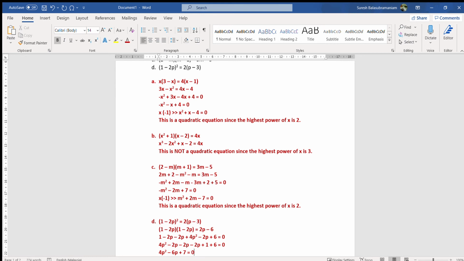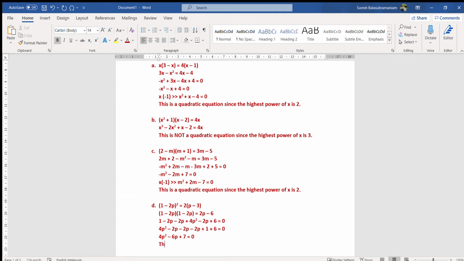So this is a quadratic equation, since the highest power is 2. Okay, so moving on to next question.